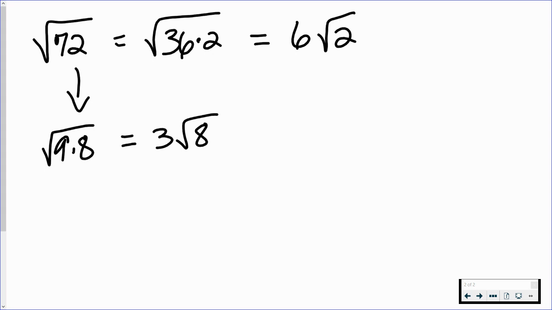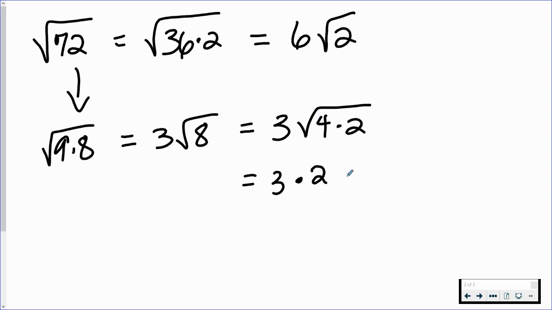The problem here is we can break 8 down further, right? Think about 8. 8 is 4 times 2. We already have a 3 on the outside. Now if we take the square root of 4 out, that would be a 2 on the outside, and we need to leave this other 2 inside.